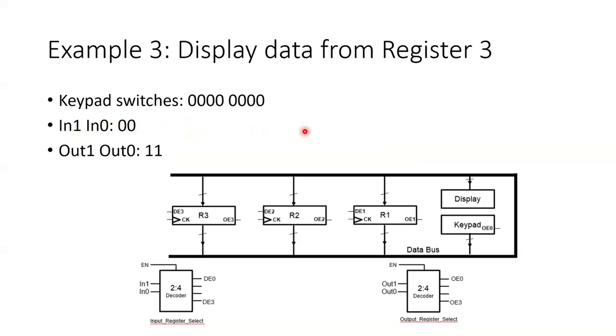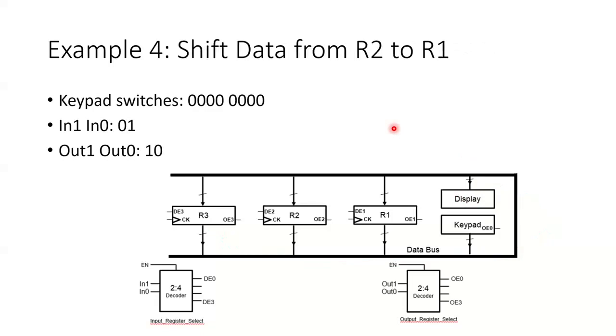But we are taking data out. We are taking data out from register 3, so my out 1 out 0 should be 3, and that way it will flow from register 3 to the display, and it will display whatever was stored in register 3. Now in the last slide we saw the example that we stored 15, so on our display we should be able to see 0 1 5, right?